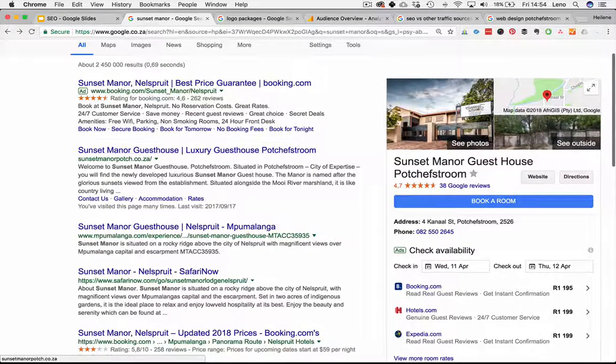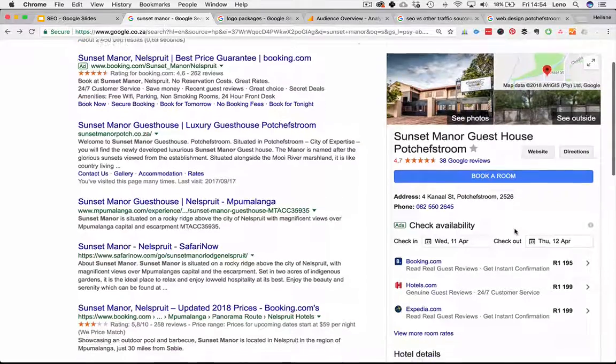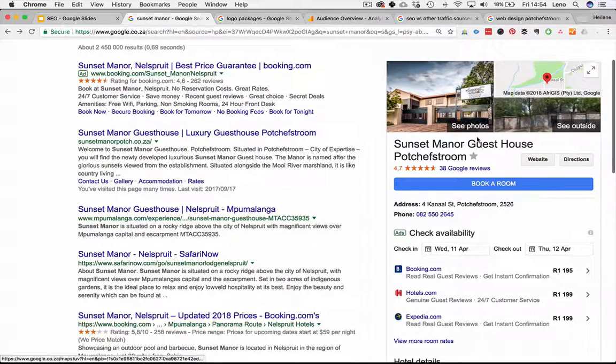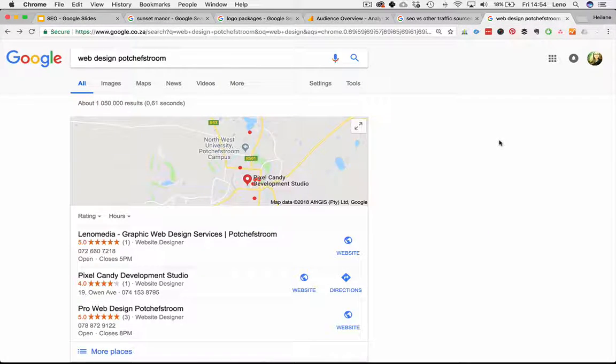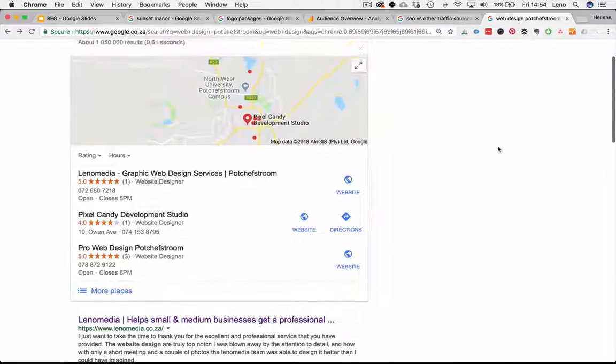So here we have a direct search showing up on the first position. It also has a very proper business page and Google Maps as well. And this one has no advertising on it. It's just organic search and direct search.